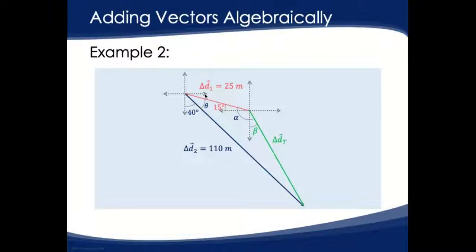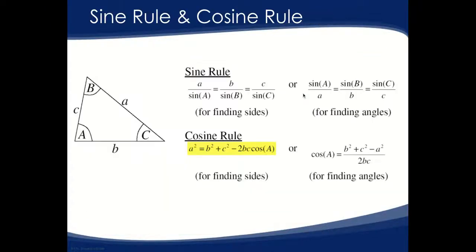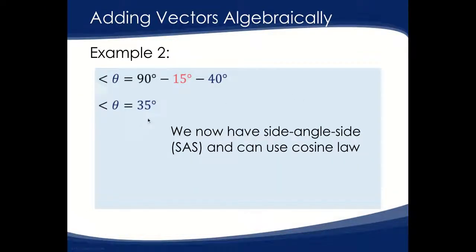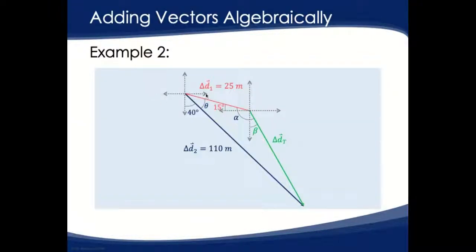We have 15 degrees here and 40 degrees here, so we can subtract those two angles from 90 degrees to find this. That angle is going to be 35 degrees, because we have 90 degrees, which is what we measured from, minus 15, because that's equal to this 15 because it's a Z pattern, minus this 40, which gives us 35.